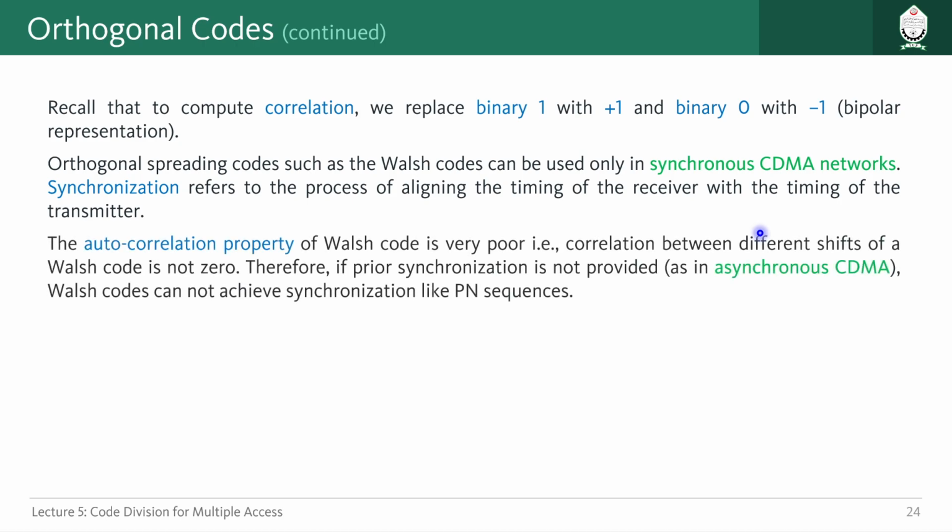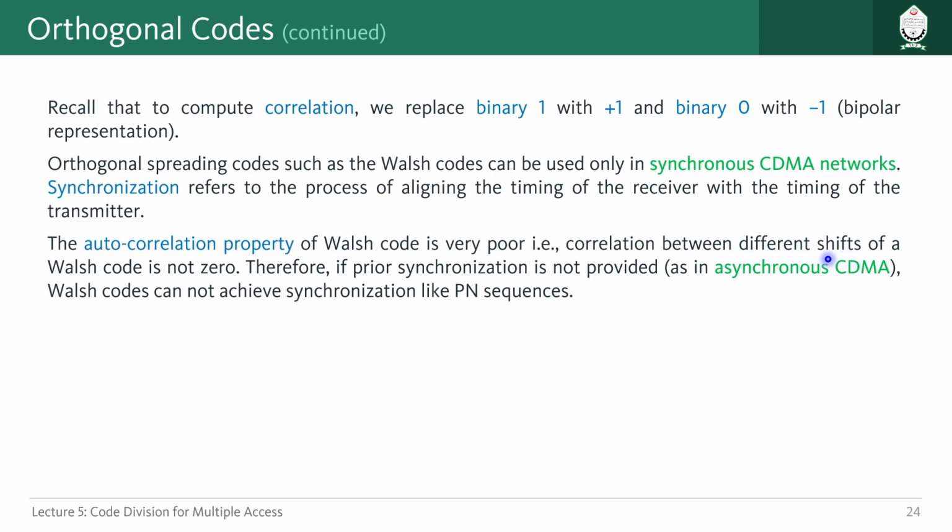Now, for our Walsh codes, the orthogonal codes we are generating here, the autocorrelation property is very poor. If you remember, we discussed the autocorrelation property of random signals in the previous lecture. Basically, autocorrelation means correlation between different shifts of a code, right?